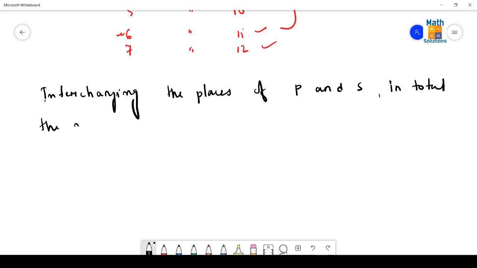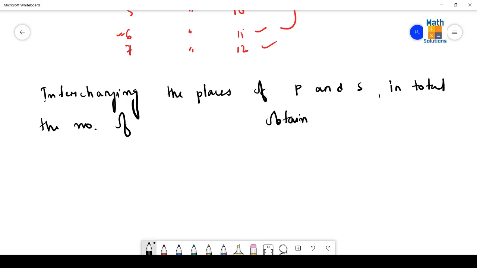The number of permutations obtained, or you can say number of arrangements. It is better to write arrangements here, because that will sound good in the final answer.